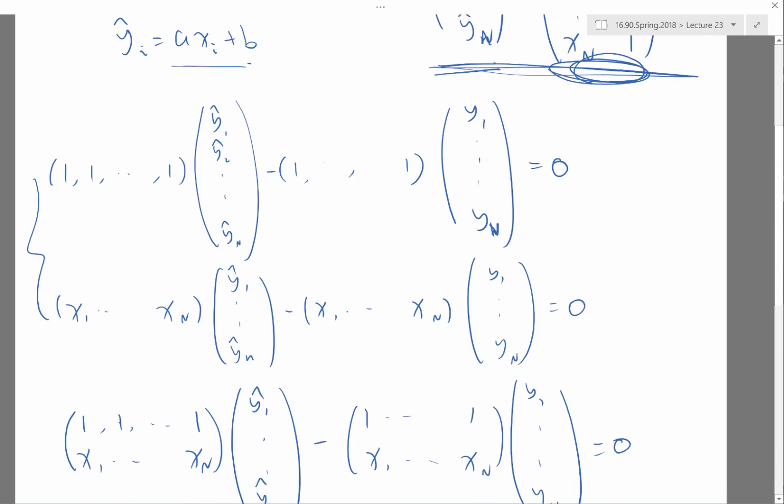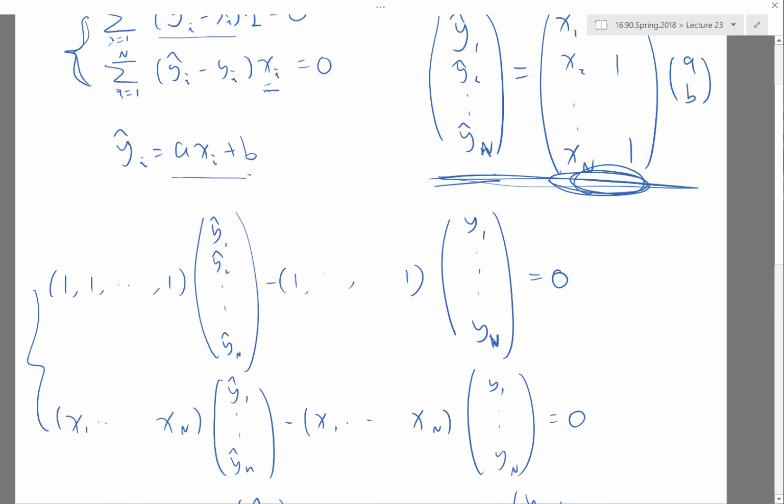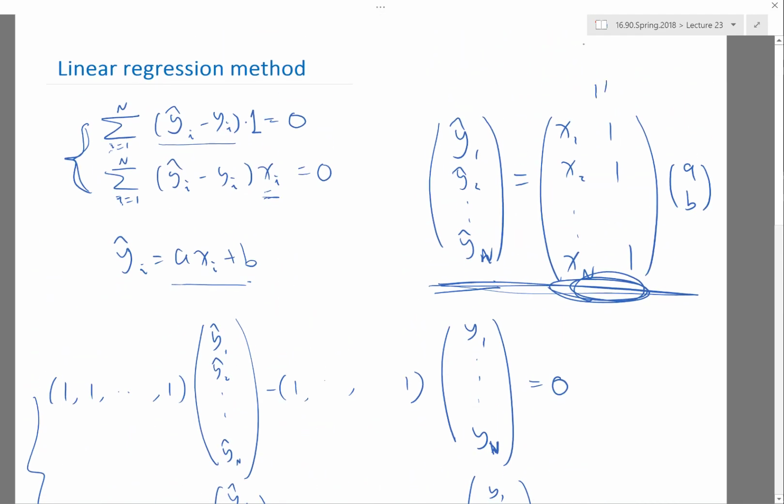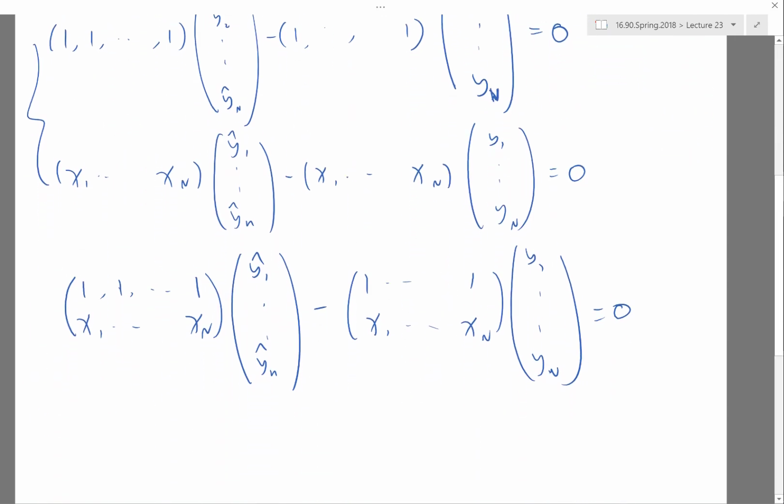It's actually the transpose of that matrix times a and b. So if I call this matrix my big X matrix, then the equation I obtained is big X transpose times big X times a and b, which gives me the y hats, minus, if I call this vector my big Y, minus big Y, equal to 0.